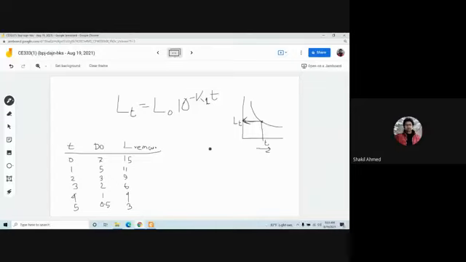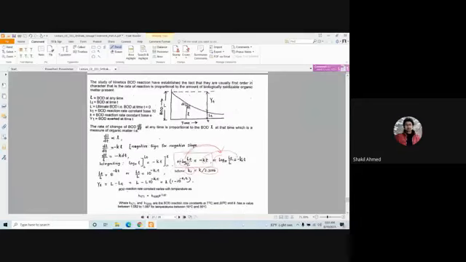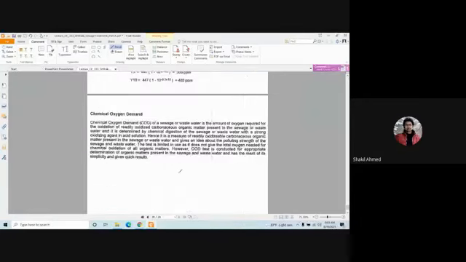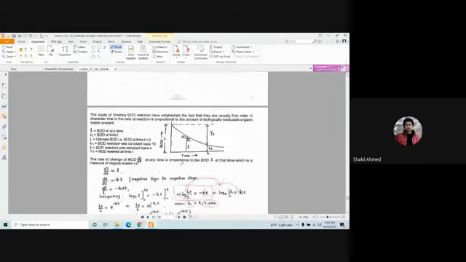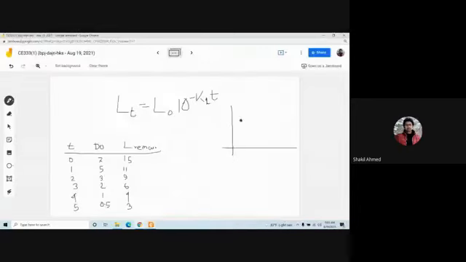Now, this graph, if you look at this graph, usually it goes like this.